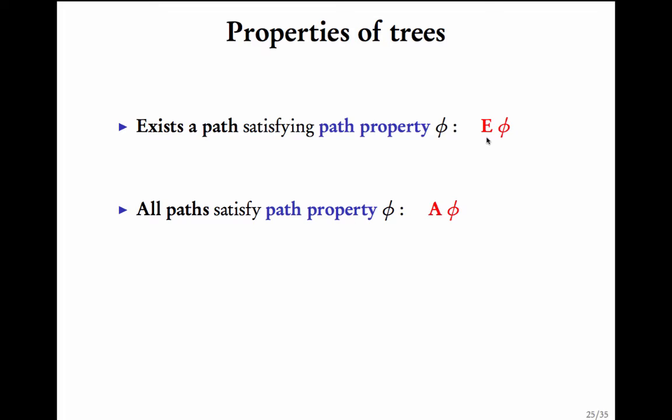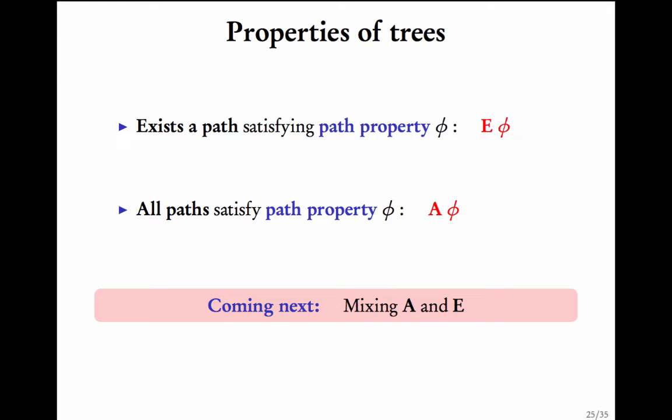When you say E phi, it means that there exists a path satisfying the path property. These are the two operators and they are very simple. What we will now do is try a mixing of A and E. Let us see what we mean.